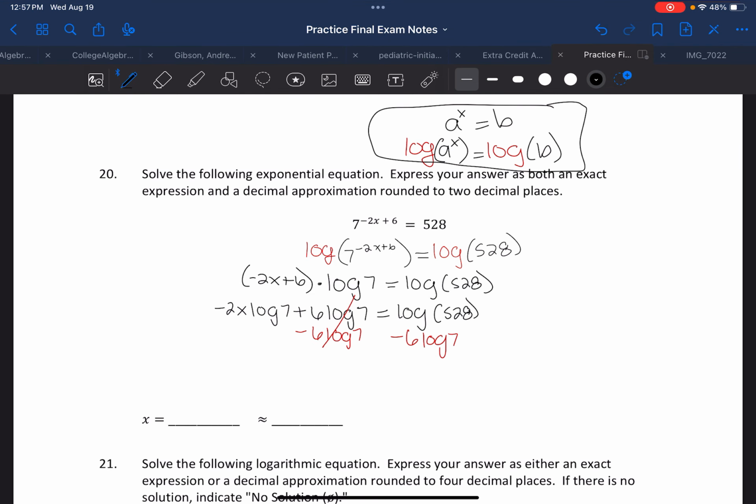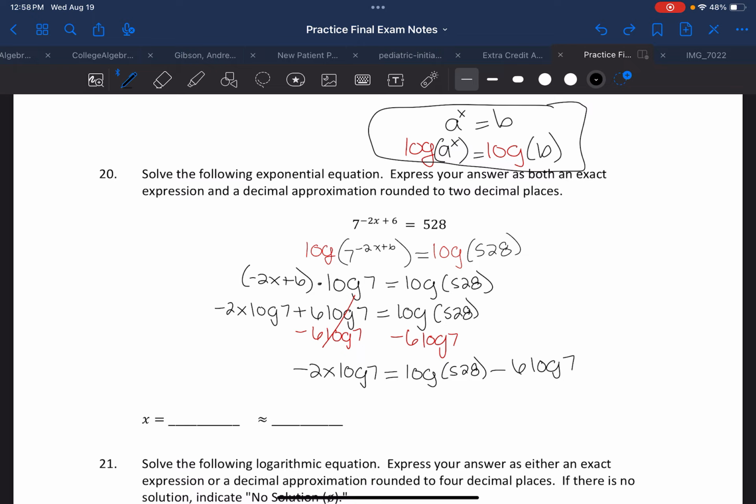On the right, that will leave me with negative 2x log of 7 equals log of 528 minus 6 log of 7. I can't actually subtract these yet without a calculator because they're not like terms, so I'm just going to leave it like that. You want to leave your answers in the log form until the very end.